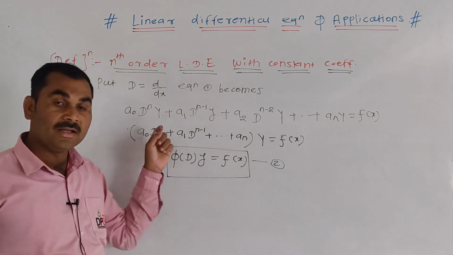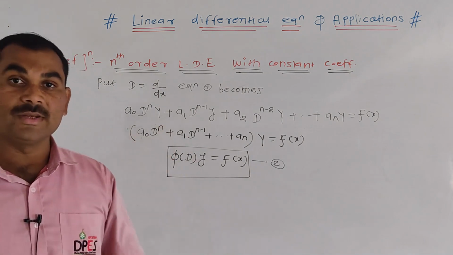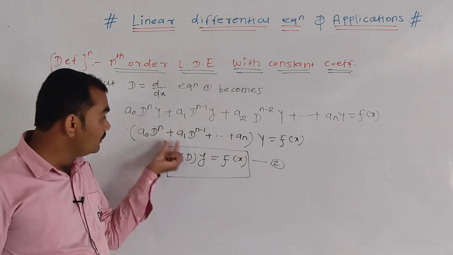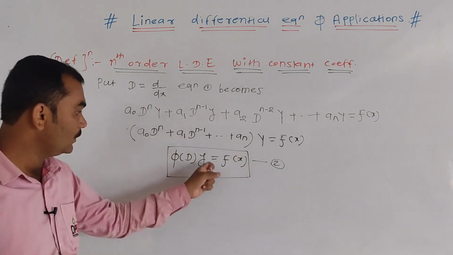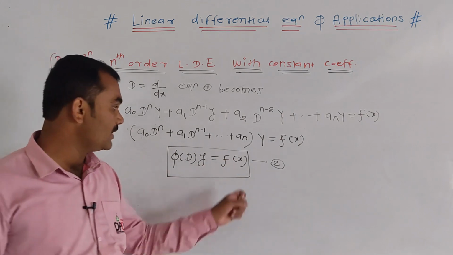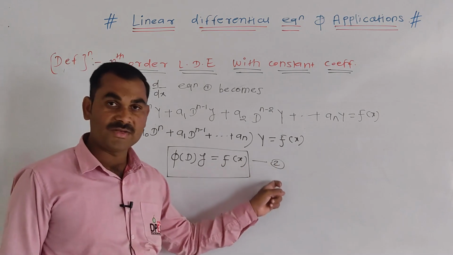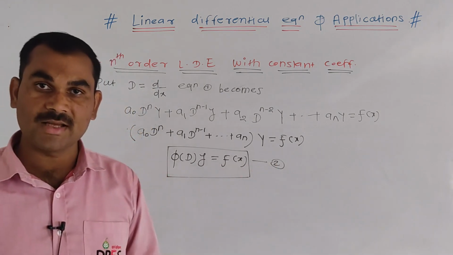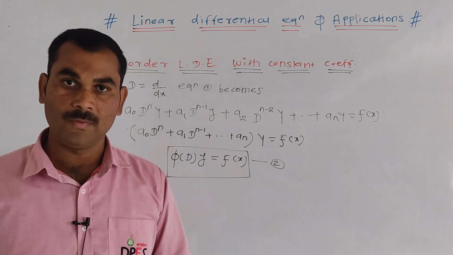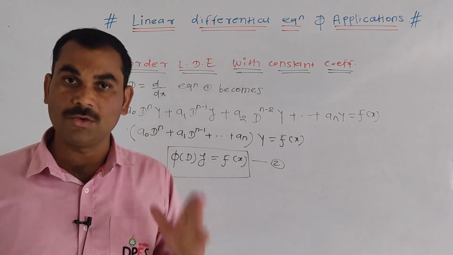Phi of d is nth degree equation in d. Okay, that is phi of d, a function of d, into y is equal to f of x. This is your equation second, and equation first and equation second are equivalent.